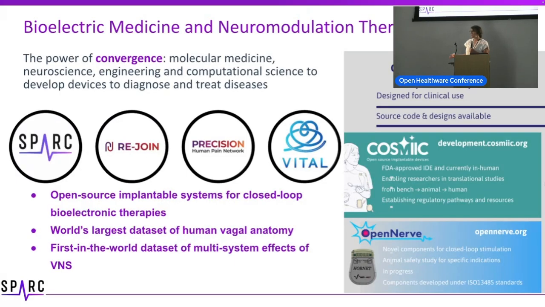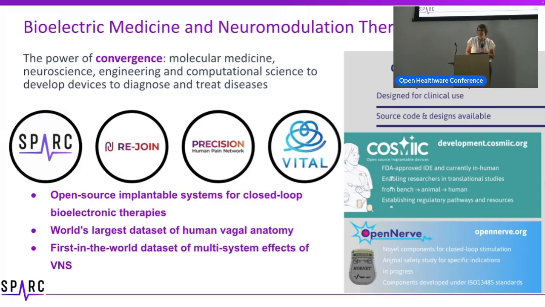In addition to that, though, we're now supporting and bringing together data about pain. So the ReJoin and PRECISION projects are focused on pain due to joint disorders, so arthritis, osteoarthritis, rheumatoid arthritis. You may know about the most recent FDA approval for the RA device.